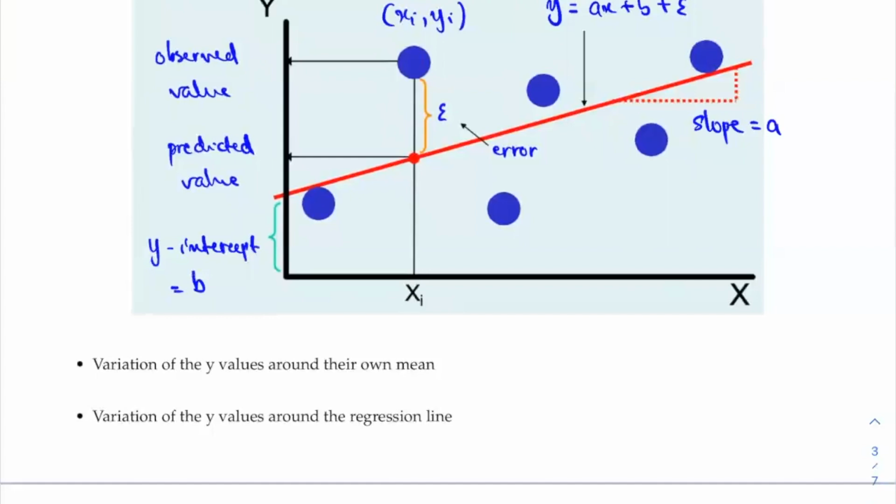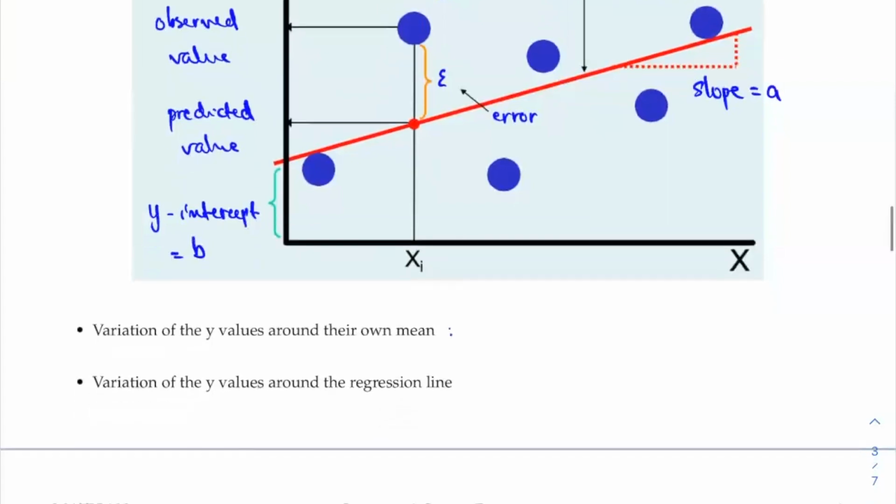Now we're going to derive a number called the regression sum of squares. Before that, I'm going to write down a few notes here. The variations of the y values around their own mean. The mean is the average value.